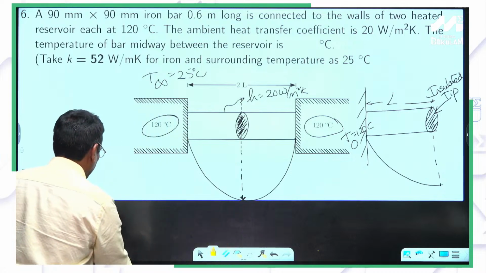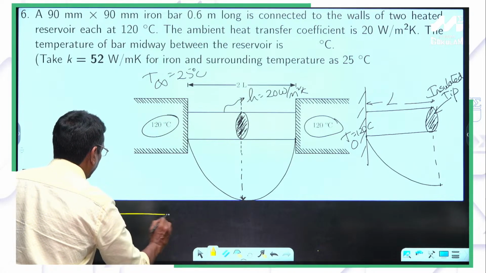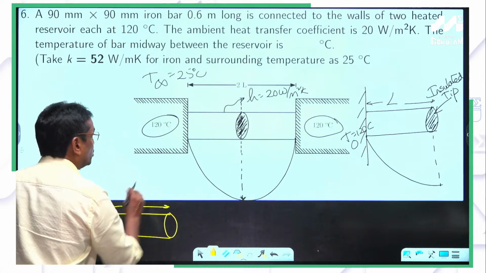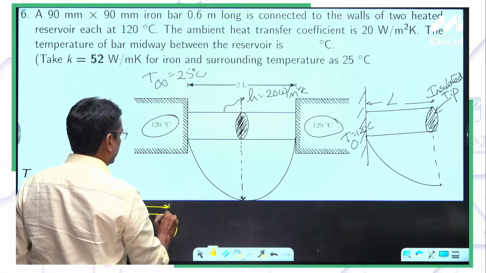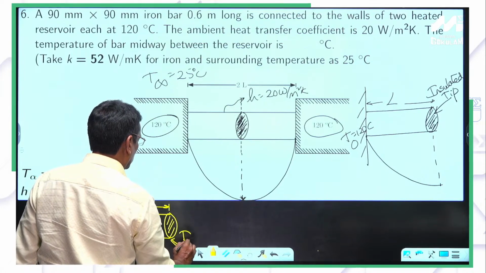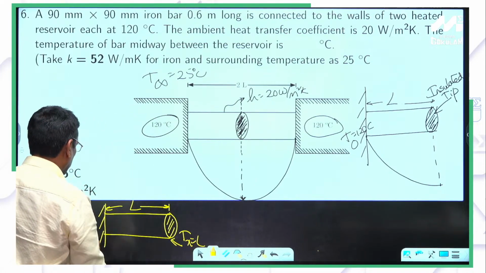Once again, this is the fin, and the length of the rod is L. Now it is not 2L because I already removed that by symmetry. This is an insulated tip case. What is the temperature at x equal to L? This is the base temperature.